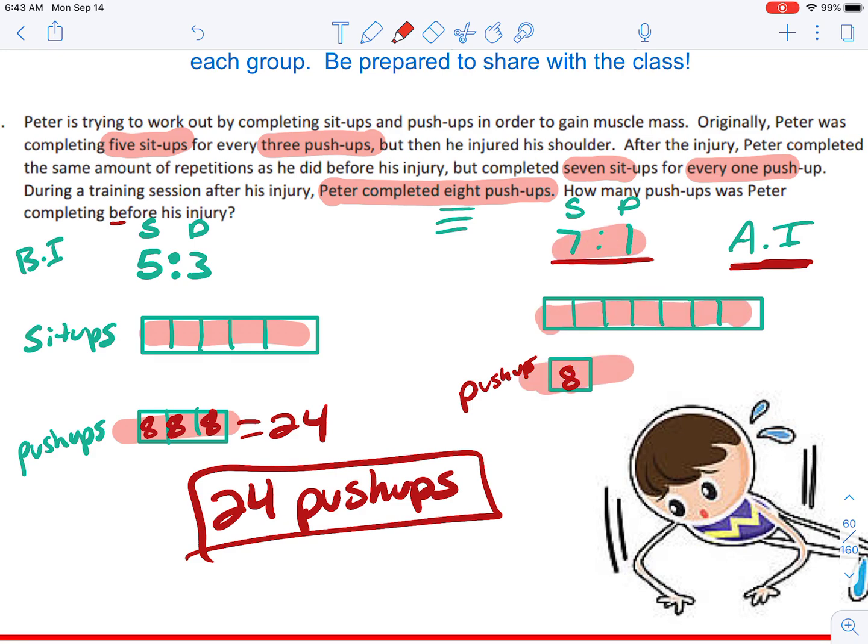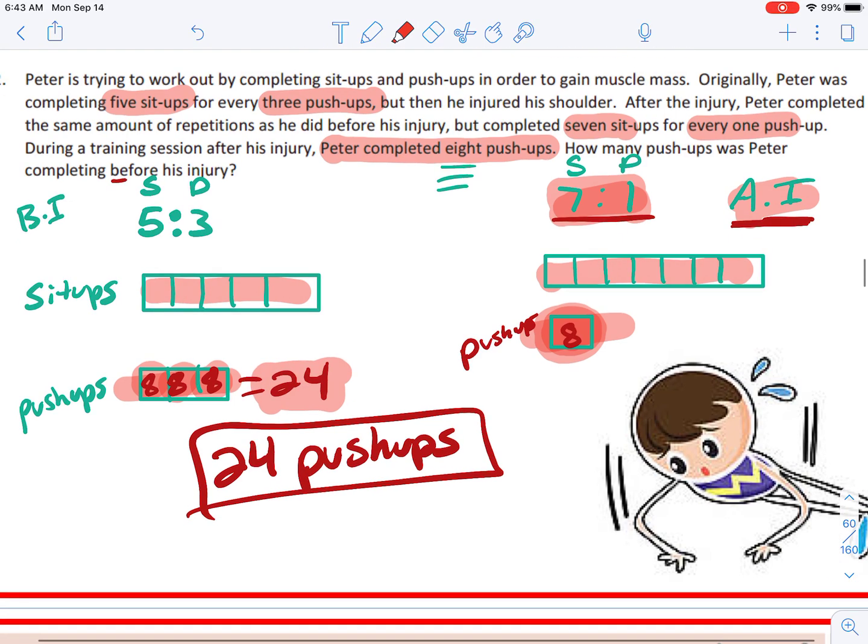So that was our ratio after his injury. During a training session after his injury, he completed 8 push-ups, so 8 went in the single unit because our ratio was 7 to 1. So if there was 8 in each of the units for push-ups there, we put 8 in each of the units for push-ups here. And when we add them all together, we got 24. Okay, let's move on.